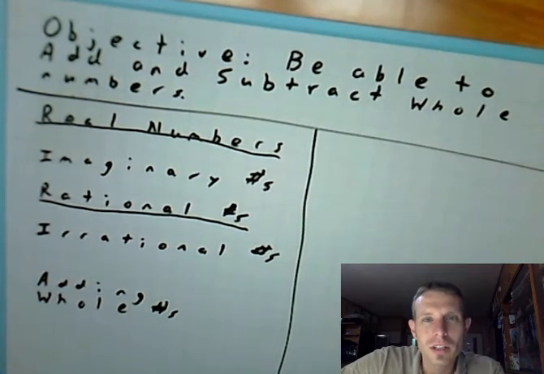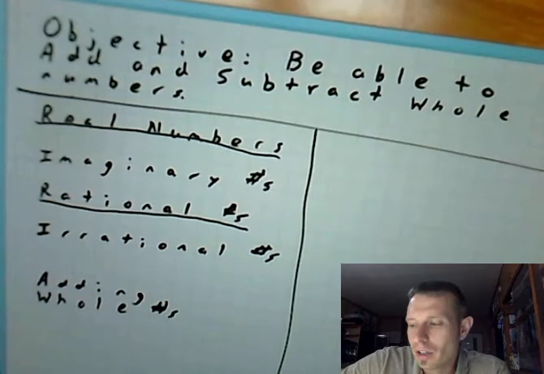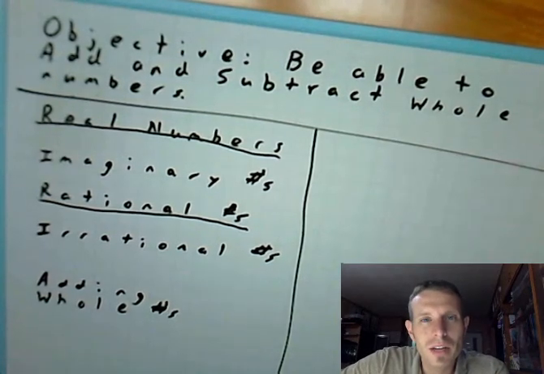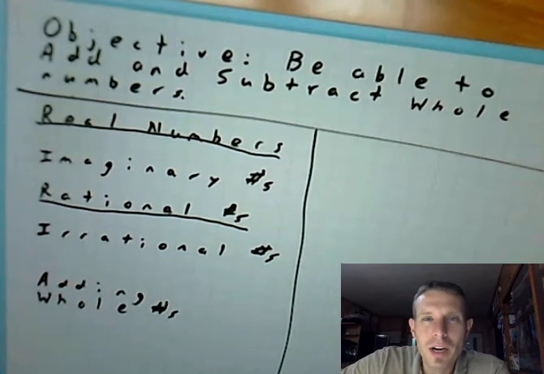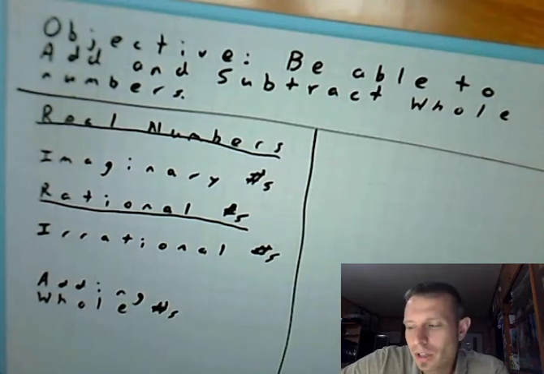For real numbers, basically any number you would think of or use in math anytime soon is going to be considered a real number. Fractions are real numbers, decimals are real numbers, even things like pi and the square root of a prime number are also considered real numbers.